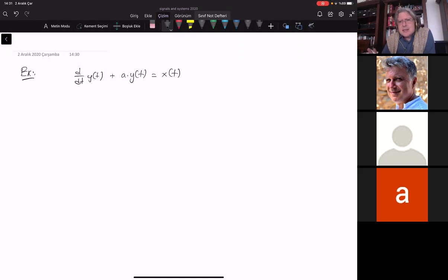But since it's a differential equation, it corresponds to a linear and time invariant system. And if you put a plus b here, then it becomes not a linear and time invariant system anymore.